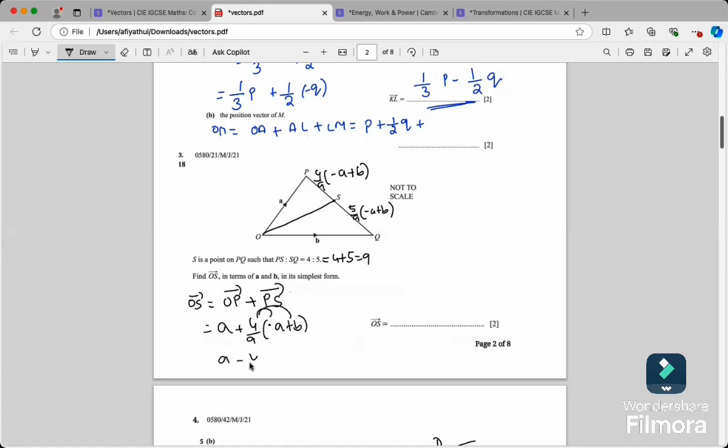So A minus 4 by 9A plus 4 by 9B, right? Therefore, we only have one B here. Just simplify. A minus 4 by 9A, so it will become 9A minus 4A. So 5A by 9. Simple.